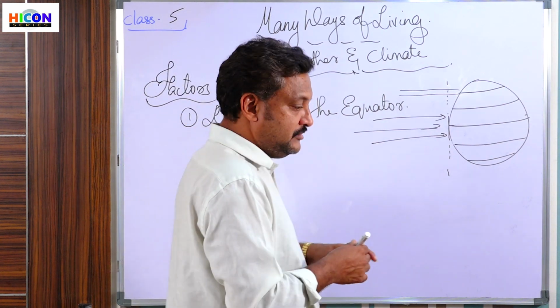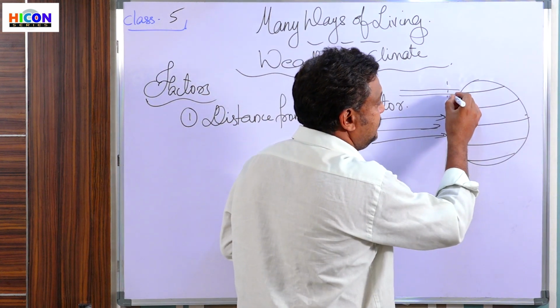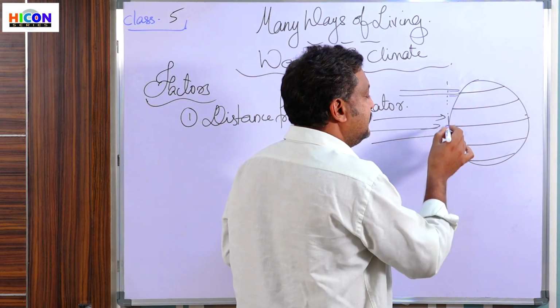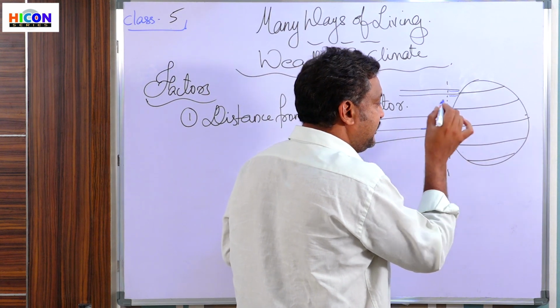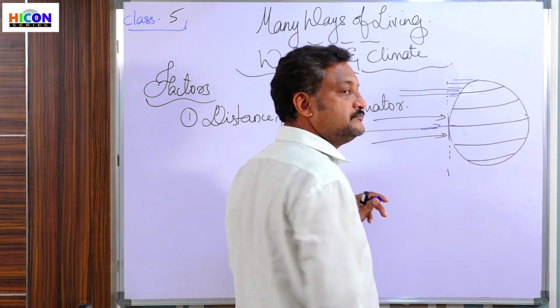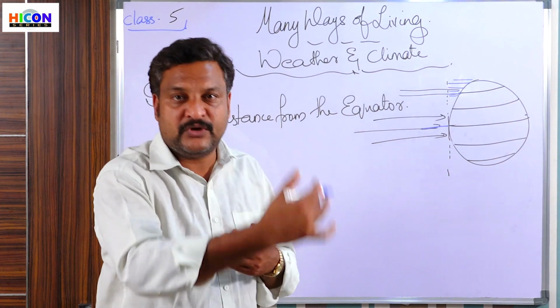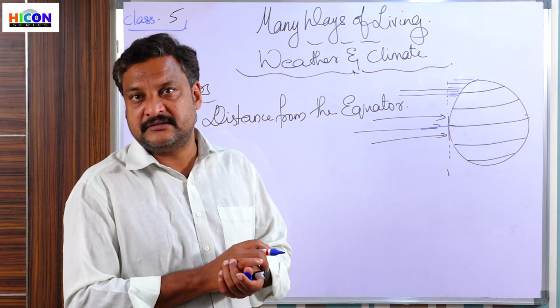Means, see, there is a difference in the distance. Here the sunlight reaches only up to here, but here it has to travel extra. So when it travels extra, what happens? It becomes weaker, isn't it?